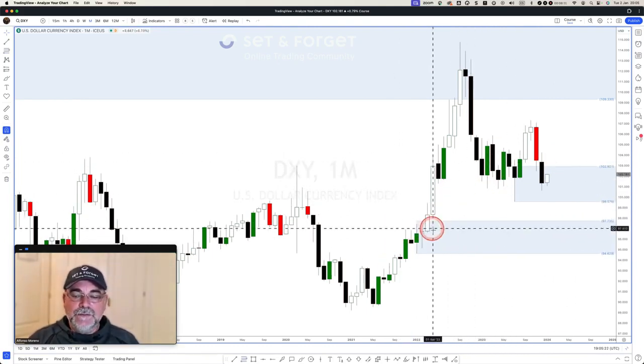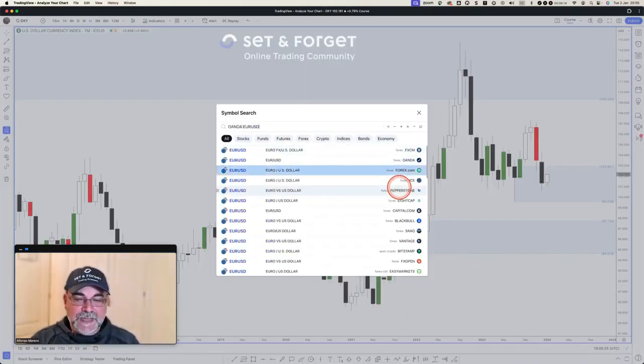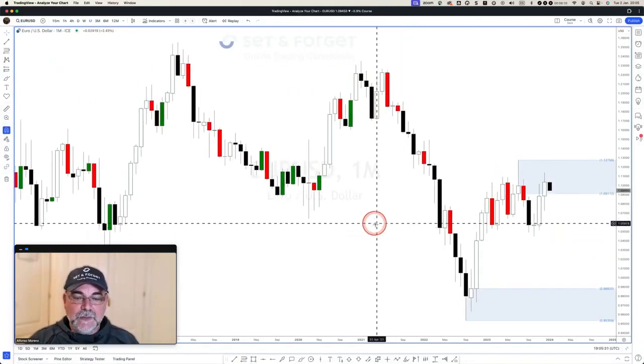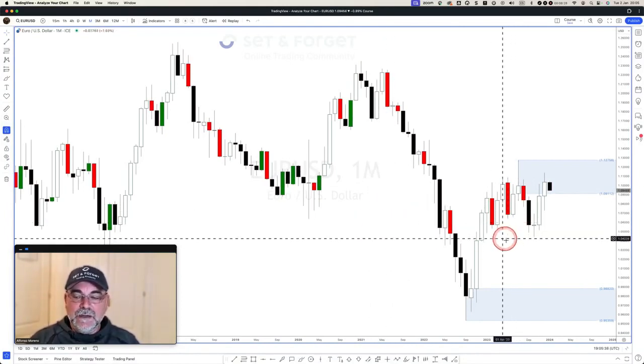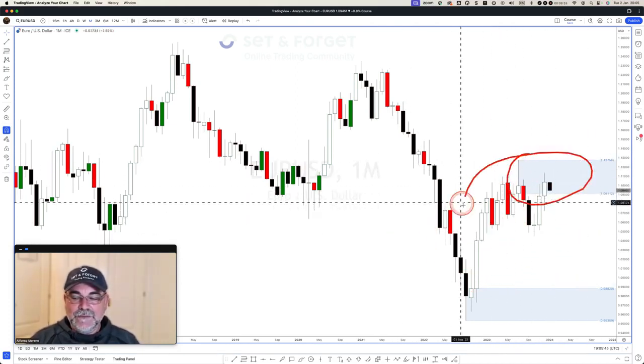So this is what we have on the dollar index, and what we had on the euro dollar is the same thing but upside down, because they are highly correlated. Whatever happens in the euro will probably happen, not always 100%, but with a very high degree of accuracy. They are not pegged, but they go hand in hand with each other. So we've got that supply level over there.